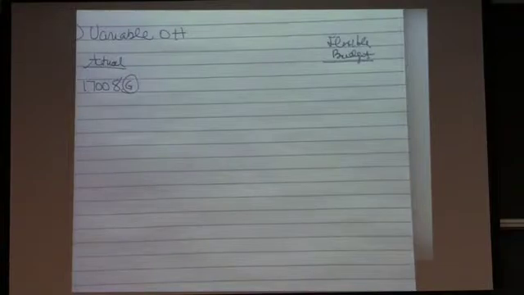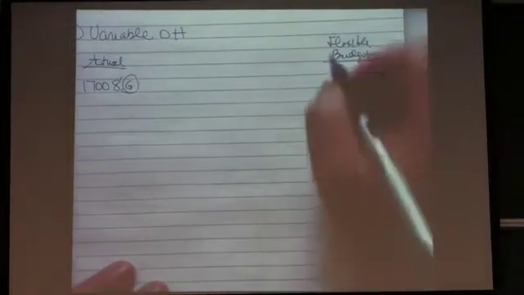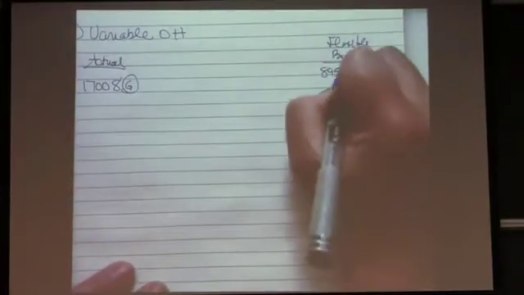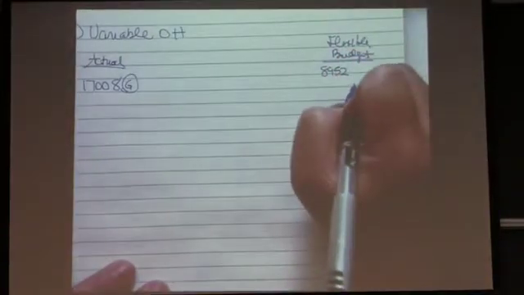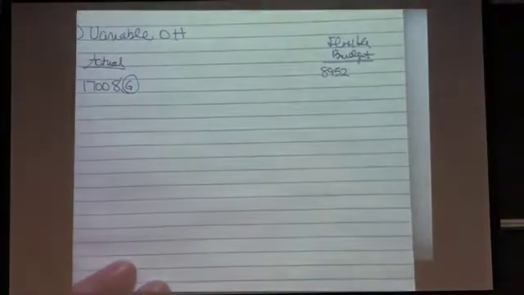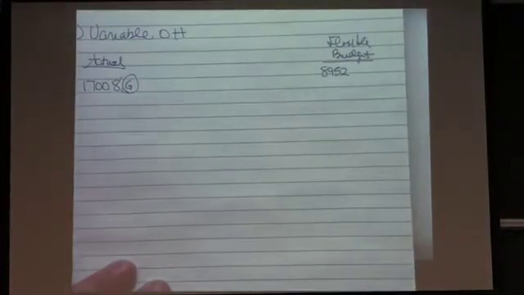Actual output is how many deliveries we ended up doing: 8,952 actual deliveries. What was the standard input for that actual output?